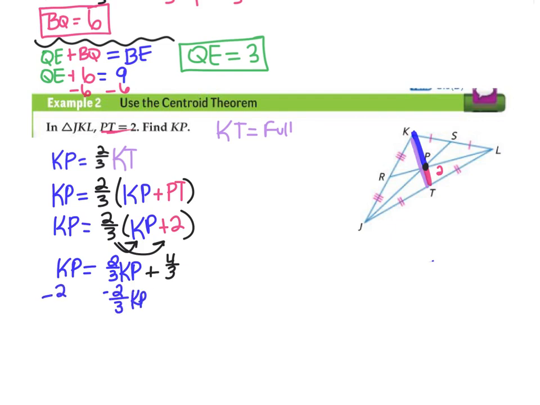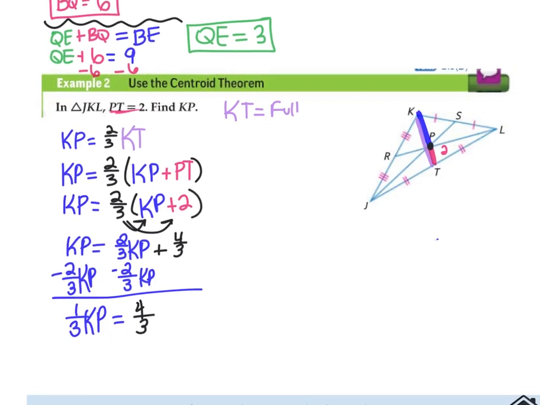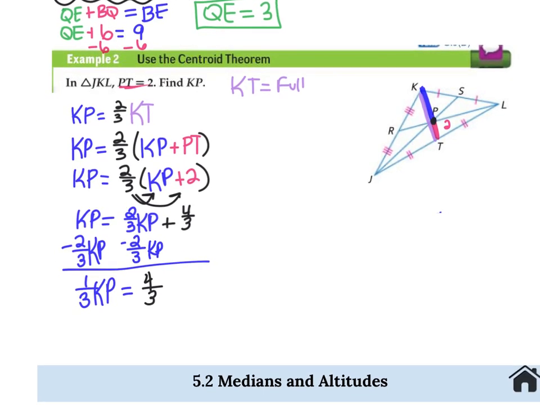So I'm going to subtract. That's going to leave me with 1/3 of the length equaling a total of 4/3. Now that we're here, remember we're solving for just the side, so we need to get rid of this fraction. So I'm going to multiply by my reciprocal.